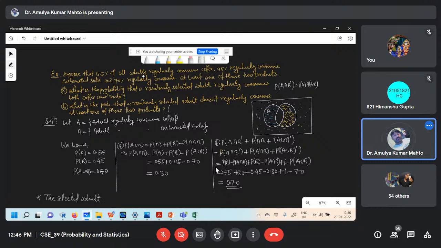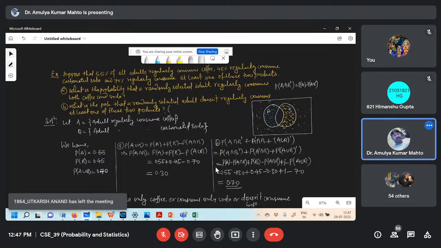The selected adult consumes only coffee or consumes only soda or doesn't consume both.